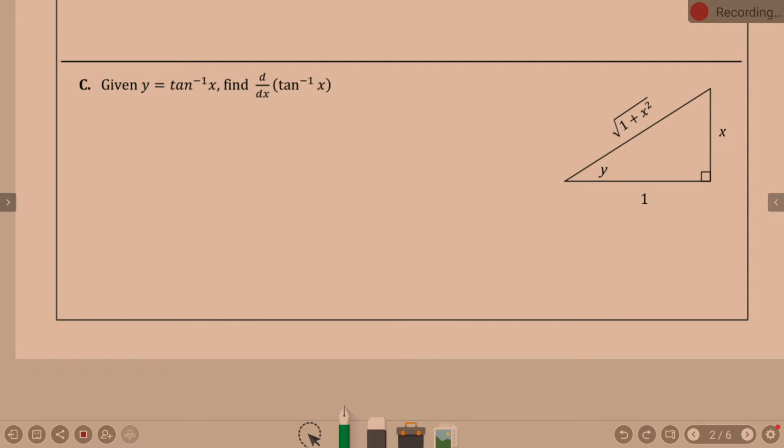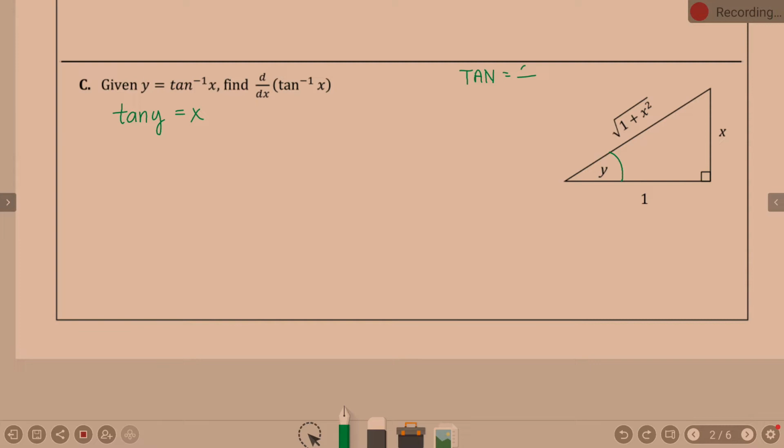First thing we can do is take tangent inverse out of inverse notation and write this as tangent of y equals x, right? And if you check out the triangle that is pre-drawn for you, here's angle y. What's our saying for tangent? Tangent is what over what?